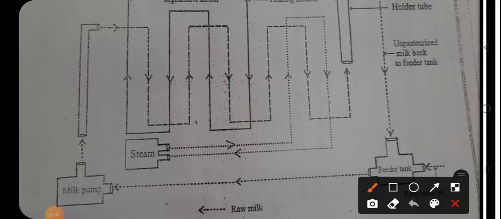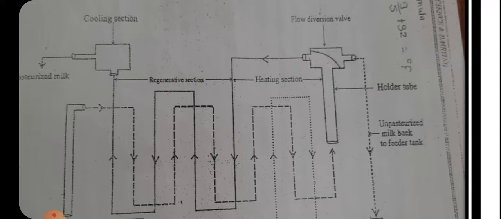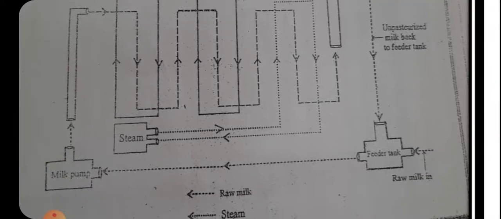The unpasteurized milk goes back to the feeder, from feeder to the milk pump, from milk pump to the regeneration area, from regeneration area to the heating section, from heating section to the flow diversion valve, and from the flow diversion valve, if the milk is not pasteurized, it goes to the feeder tank.